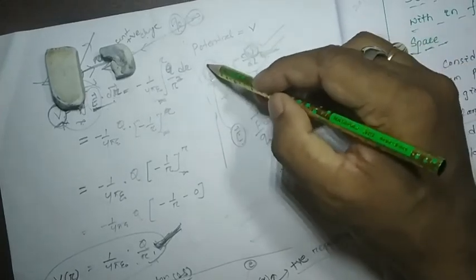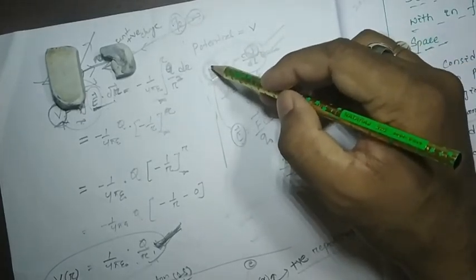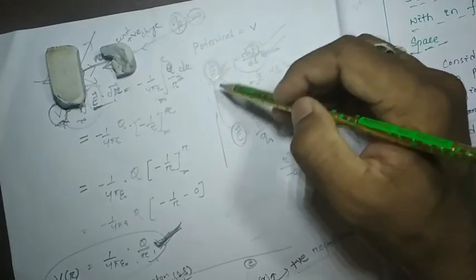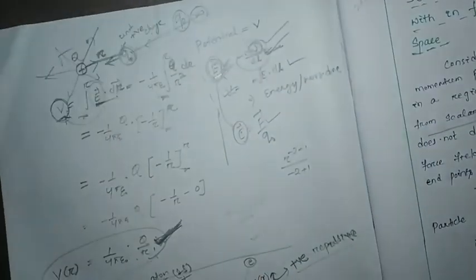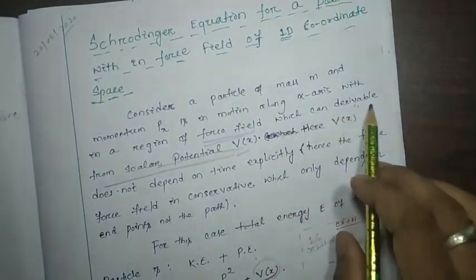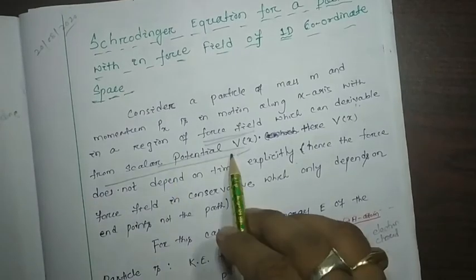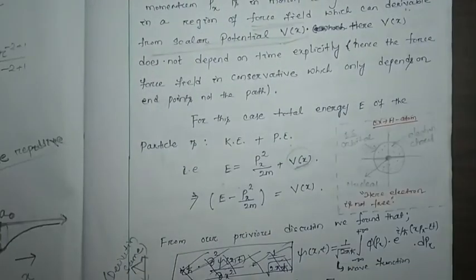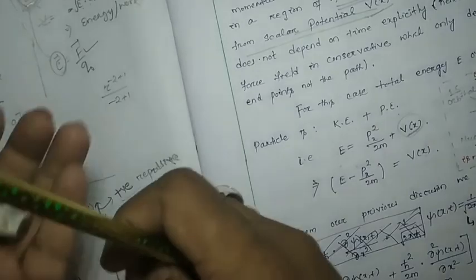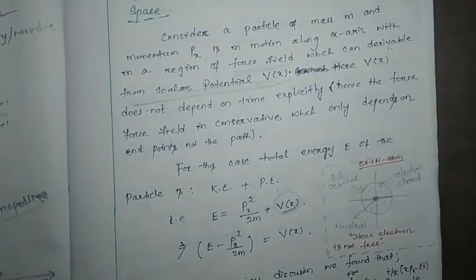So potential and force are interchangeable. Only for that it has been written that the force field can be derived from the scalar potential. So we go through this derivation, and if there is any doubt, we will discuss it. Okay, thank you.